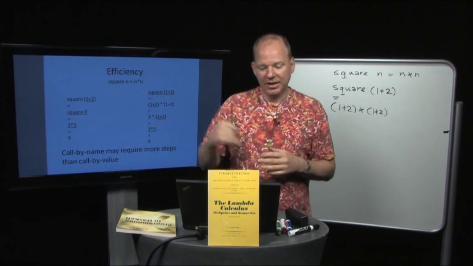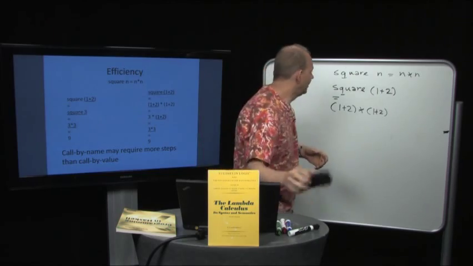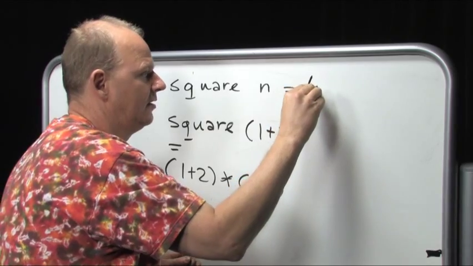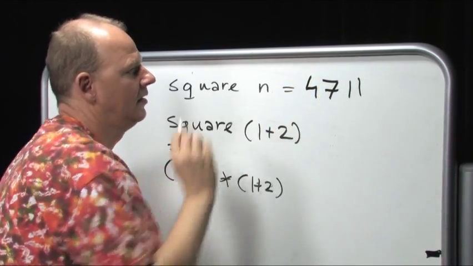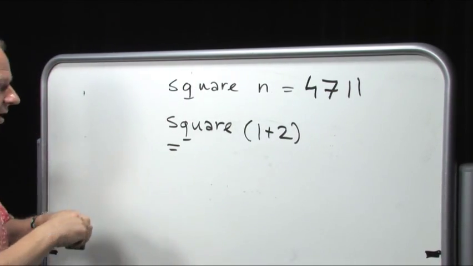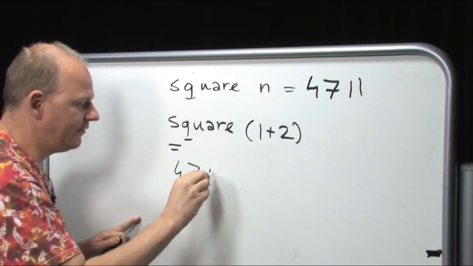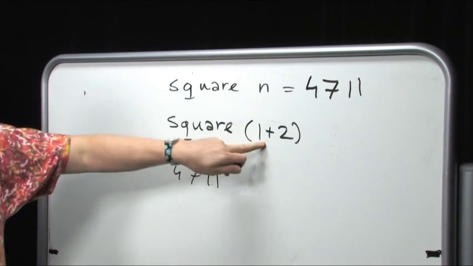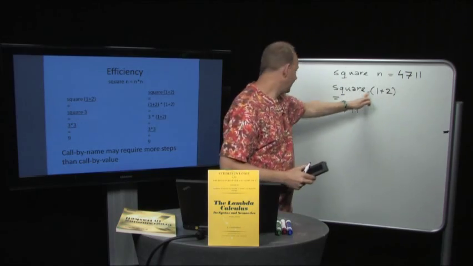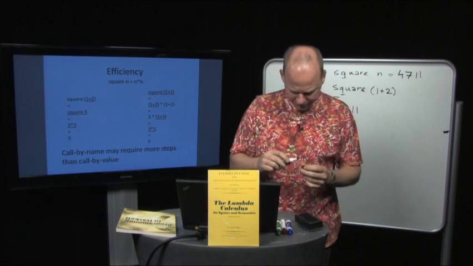Of course, if I would have defined square to be like this, in that case, call by name would have used fewer steps because I would immediately just replace this guy by 4, 7, 11, whereas if I would use call by value, I would execute that one needlessly to 3 just to throw it away.